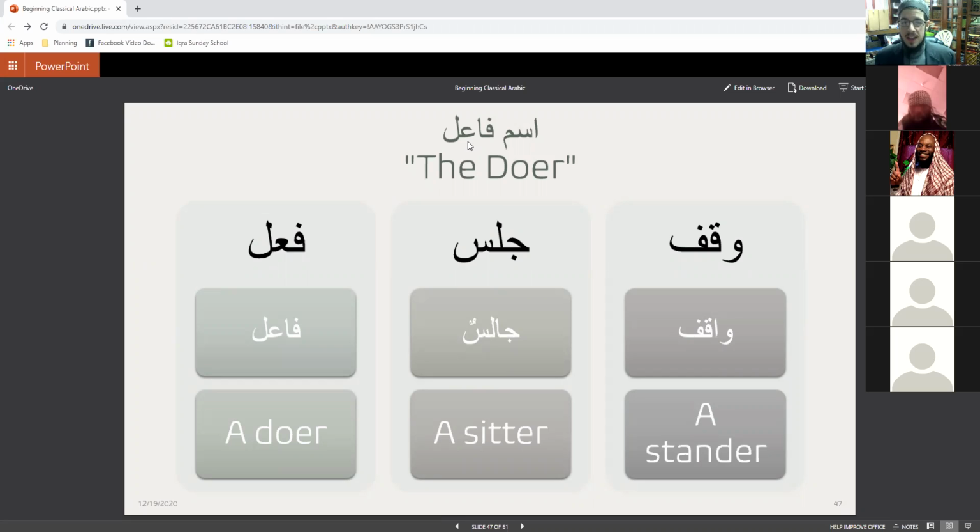Same thing in Arabic, it's on this pattern of fa'il. We call it ism fa'il, literally the doer, the one who does. So if we have the verb waqafa, to stand, waqifun means literally a stander. Jalasa, which means to sit, becomes jalisun, literally a sitter.